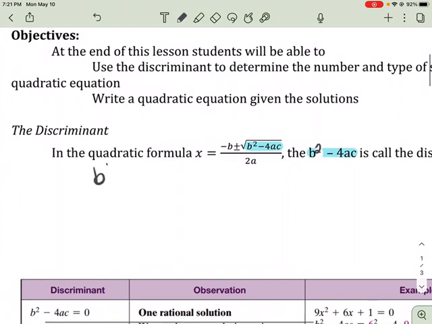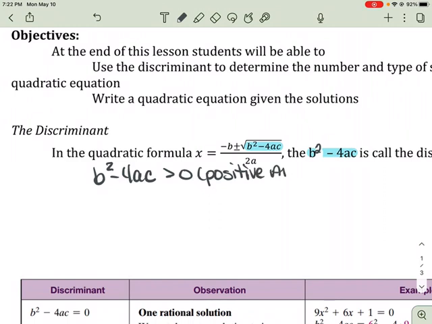The solution comes in three different parts. You can have a b squared minus 4ac that is a positive number, greater than 0, so that means a positive answer, and the positive answers could be rational or irrational. You can have a b squared minus 4ac that's equal to 0.